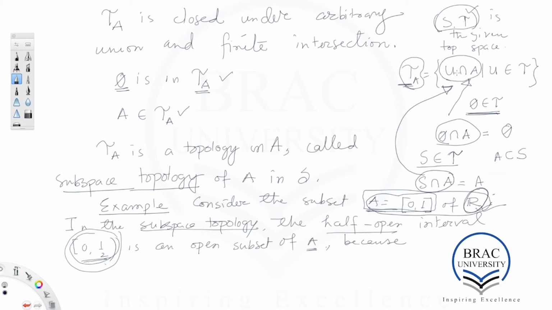Let's see how. You can write 0, 1/2 as -1/2, 1/2, which is an open set U in the topology of R, because it's an open interval in R, so it's an open set in R, intersected with the set, the underlying subset. What is the underlying subset? 0, 1.